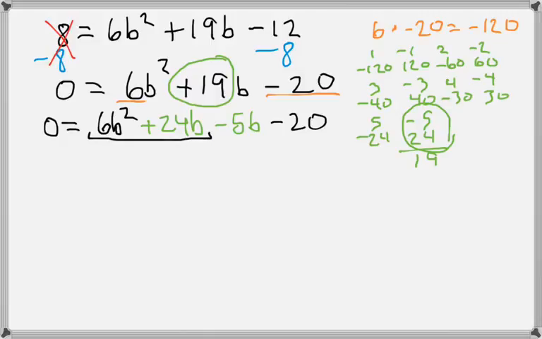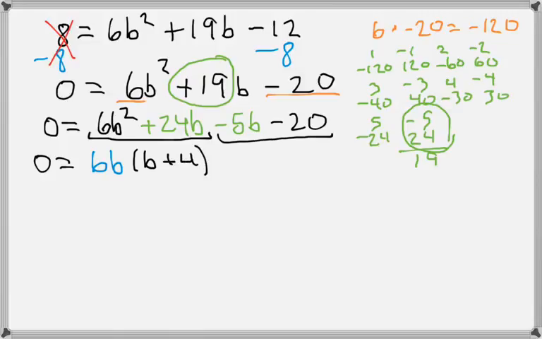So here we look to see what we can factor out. We still have our 0 equals. We can factor out a 6 and a b, and that's going to leave us with a b plus 4.